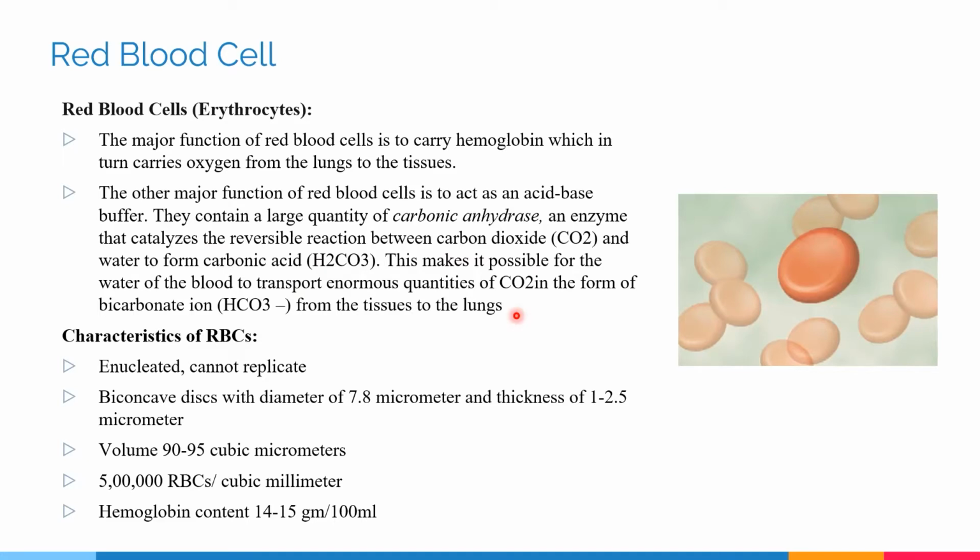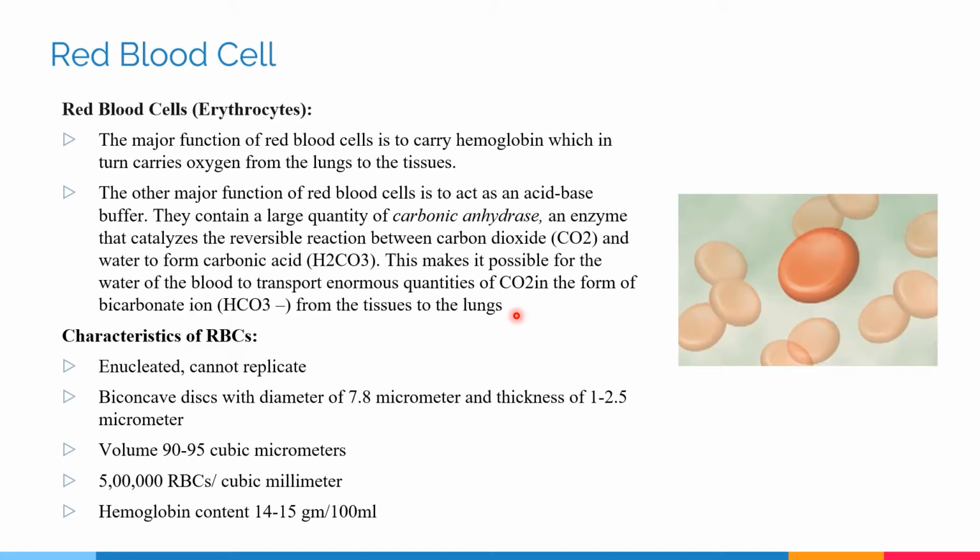So, in one direction, RBCs take oxygen from lungs to tissues in the form of hemoglobin and also help in carrying the excreted carbon dioxide from the tissues back to the lungs in the form of carbonic acid.